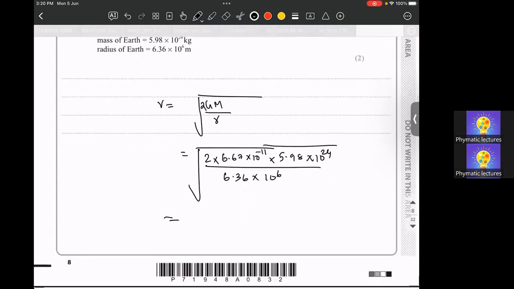So if you are substituting, what is the value we will be getting? 2 multiplied by 6.67 multiplied by 10 to the power of minus 11 multiplied by 5.98 into 10 to the power of 24 divided by 6.36 into 10 to the power of 6. Then you take the square root of the answer.